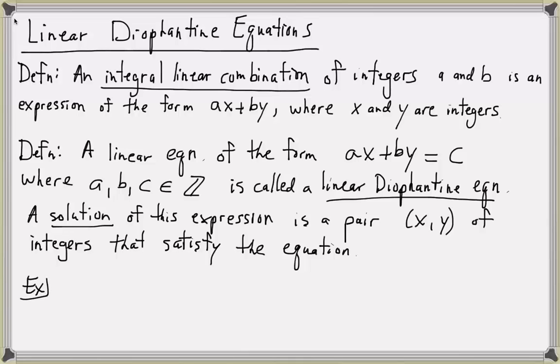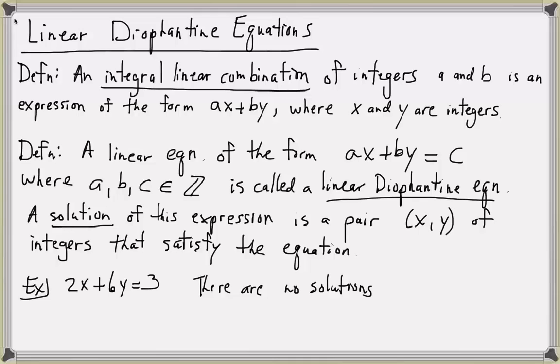For example, consider the equation 2x plus 6y equals 3. Can you find a solution x, y that satisfies this equation? No, there are no solutions. Why? Well, look at the left-hand side, 2x plus 6y.